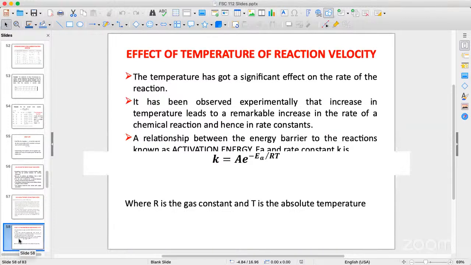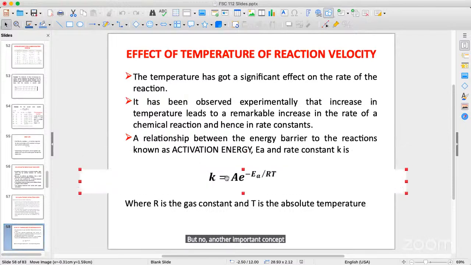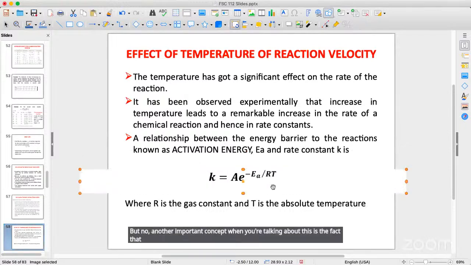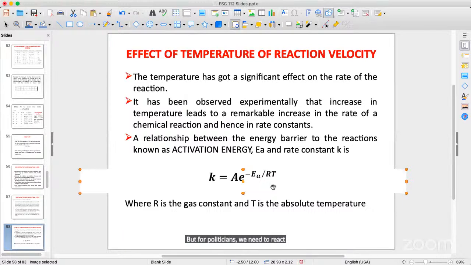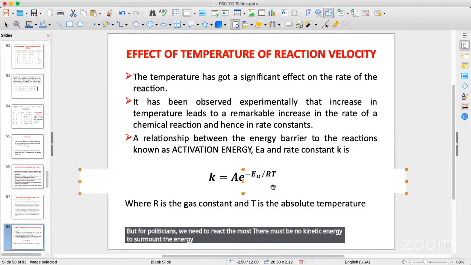But now, another important concept when you're talking about this is the fact that temperature also has a significance, because we just spoke about collision. For you to have a reaction, there must be collision. But not all collisions lead to reaction. For collision to lead to reaction, there must be enough kinetic energy to surmount the energy barrier known as the activation energy.